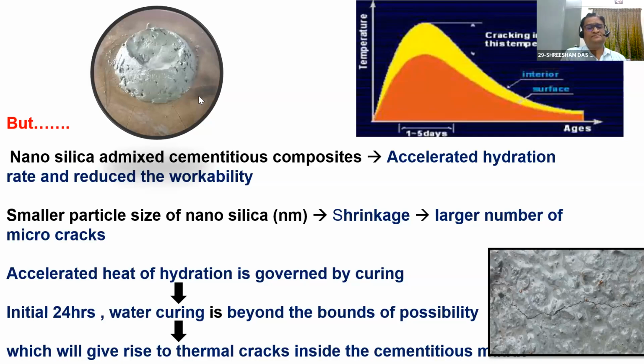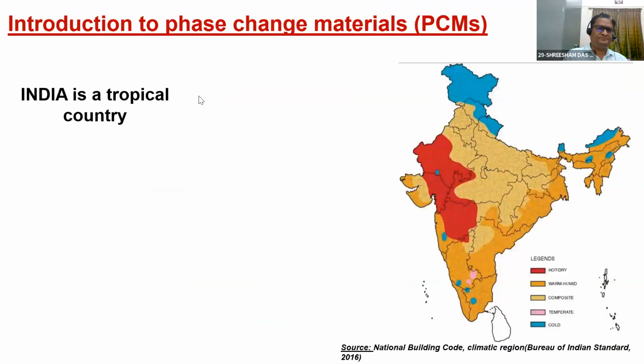So you have to have very good quality control practices when you deal with smaller and smaller size particles. Otherwise, it is going to give you a problem. So you can see that is what is happening: the moment you lose water, there is no chance except the formation of shrinkage cracks.